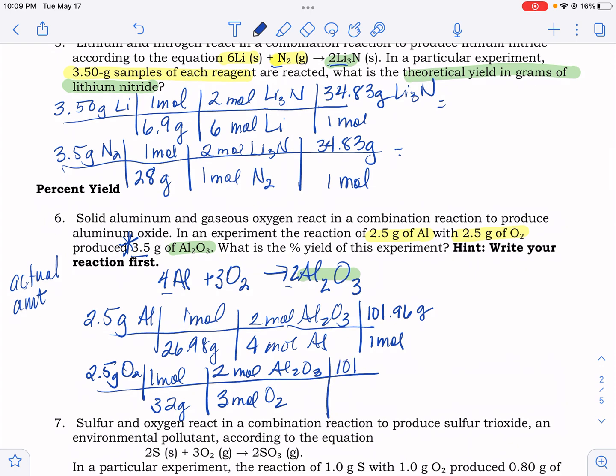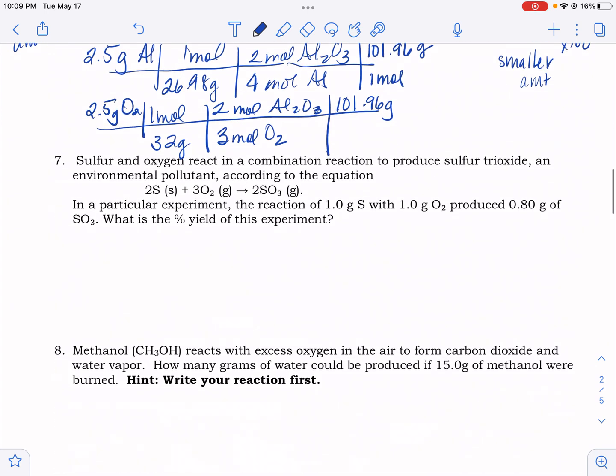And again, 101.96 grams. You'll do the math. Whichever answer is smaller, you're going to take 3.5 grams divided by the smaller amount times 100 to get your percent yield. All right, we'll stop there.